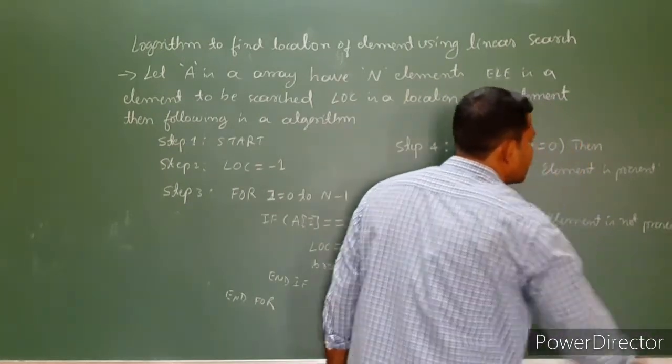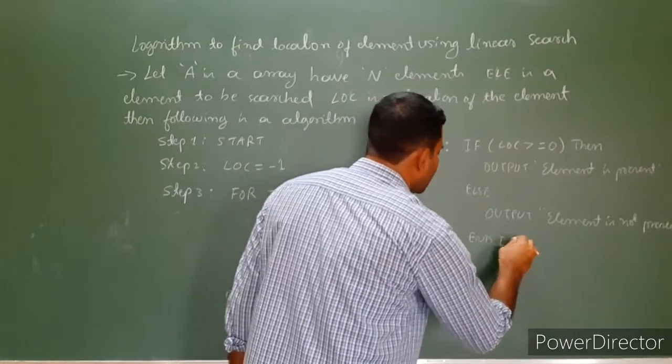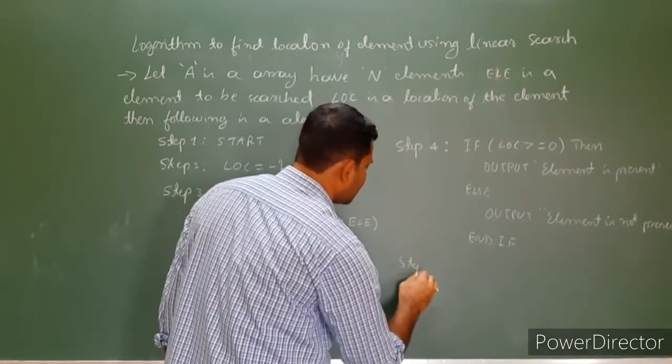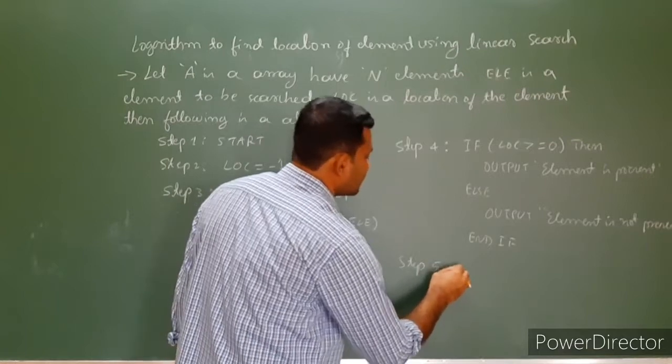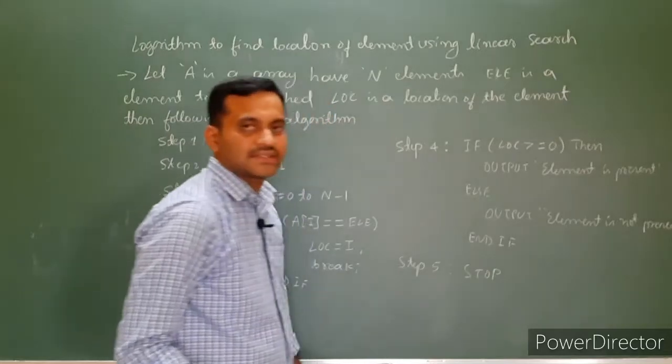Element is present or element is not present. Then end if. In step 5, stop, the end of the algorithm.